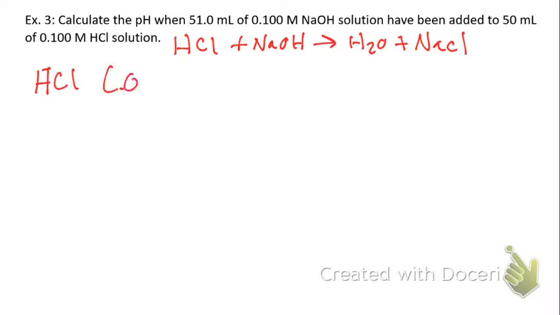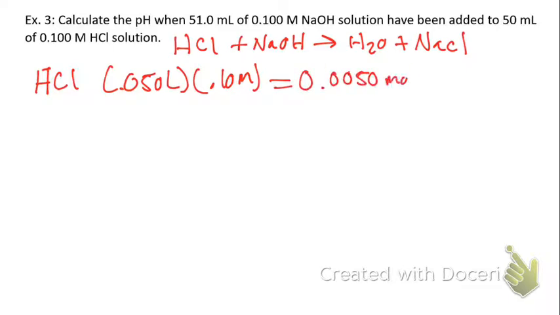Okay, so now what we've done is we've added for the HCl, we had initial 0.0 liters of it times a 0.10 molar solution, which gave us our initial 0.00050 moles. And then for the base, this is what we add: we added 0.051 liters, okay, just a little bit more over the equivalence point.